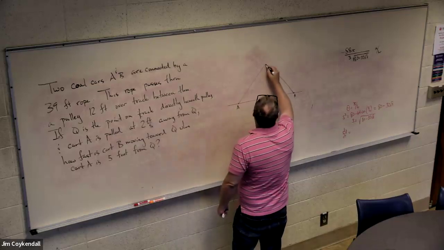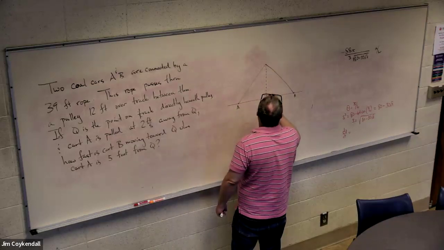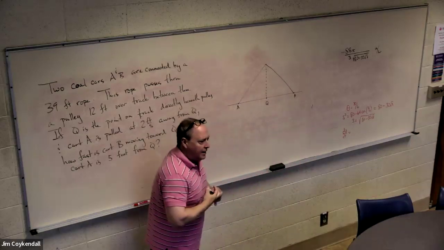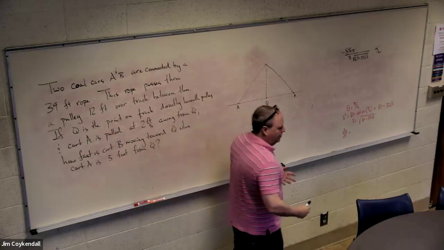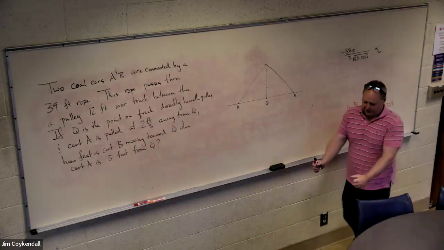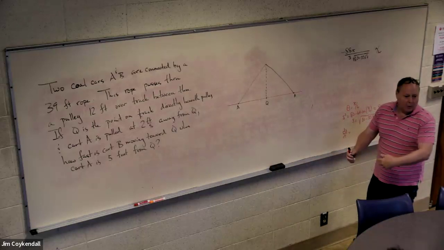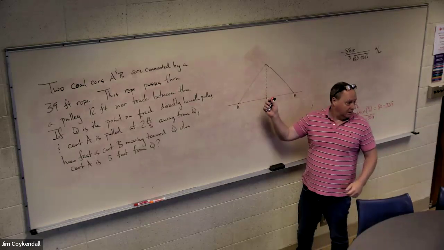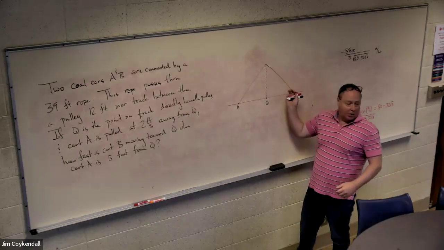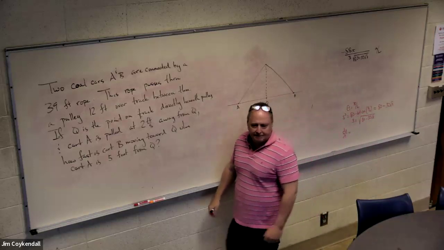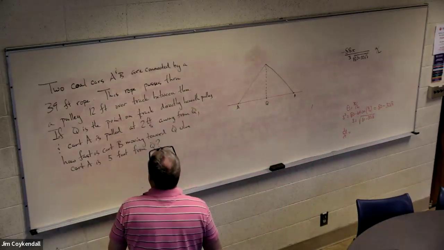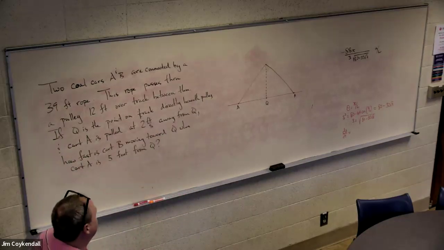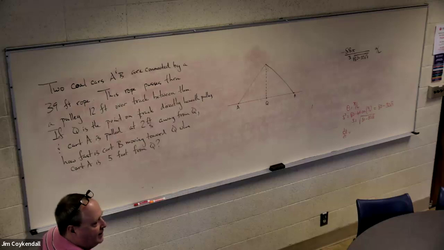Q is the point directly under it. You can all imagine this, right? You've got two coal cars up here in an Indiana Jones movie or something, connected by some rope. If you pull A, it's going to pull B. It goes up to that pulley and drags B along. I want to know how these interact. This is a very incomplete picture. What else should I be labeling?